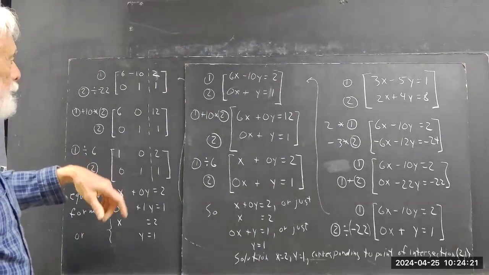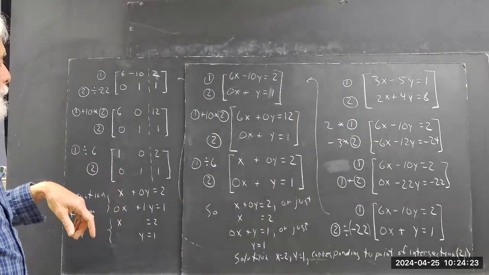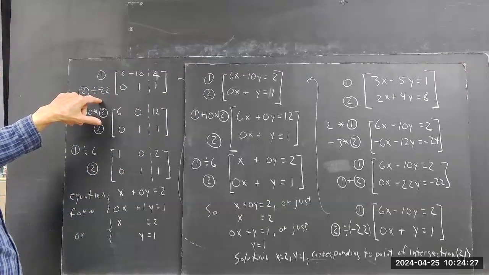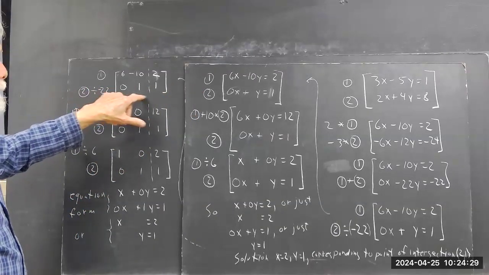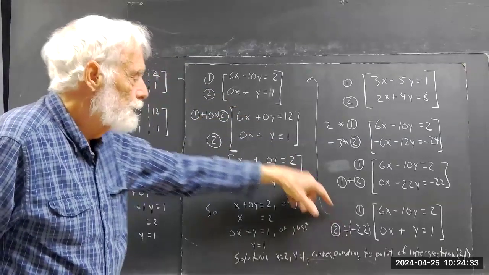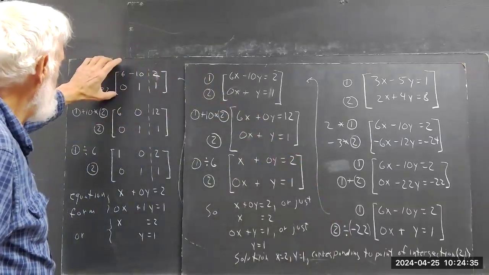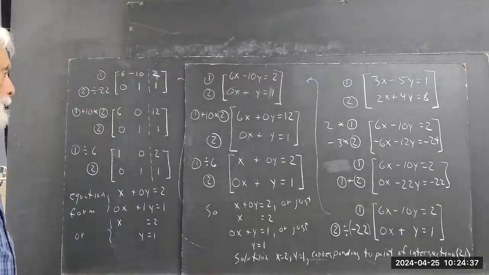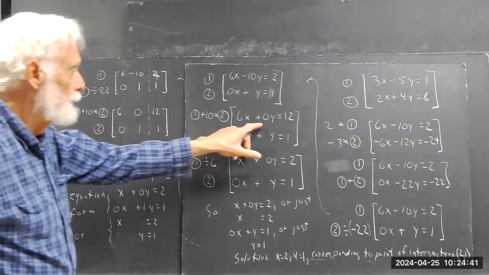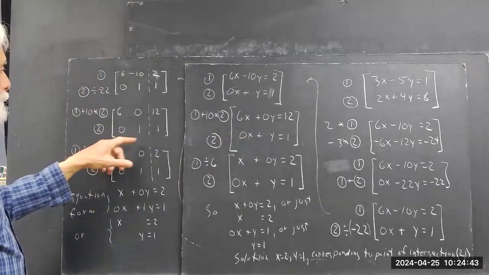Okay. So, again, here is this one rewritten. Again, it corresponds just as we saw before. And then we have here 6, 0, 12. Well, here's 6, 0, 12, 0, 1, 1.